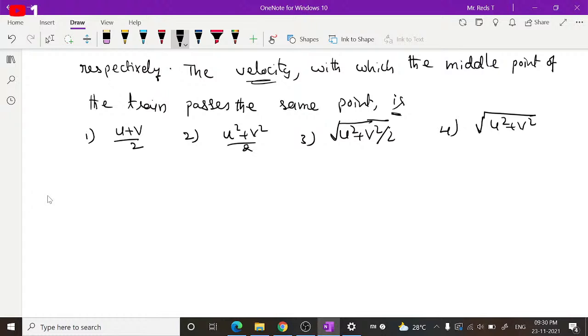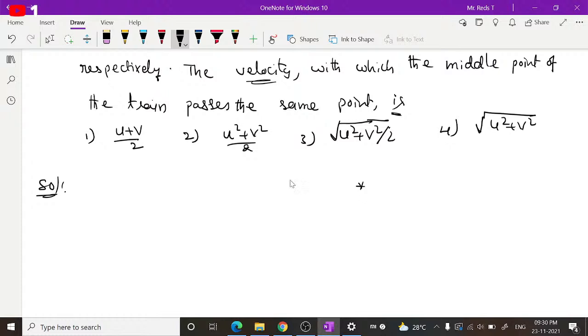What you have to understand here is that two ends of a train moving with constant acceleration pass a certain point with velocities u and v, and you're asked to find the velocity with which the middle point reaches it.